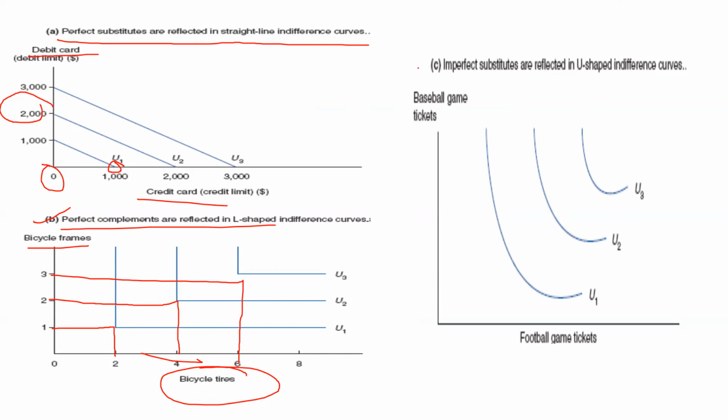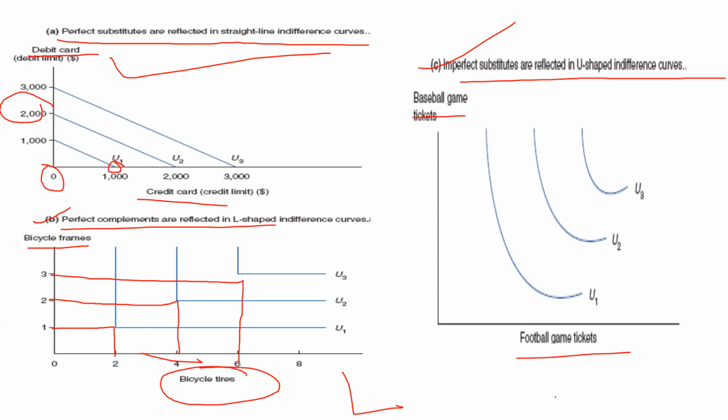But when we talk about the third category, imperfect substitutes are reflected in a U shape. Perfect substitutes are always a straight line, L shape means perfect complements, and imperfect substitutes are always a U shape. Take basketball game tickets and football game tickets.